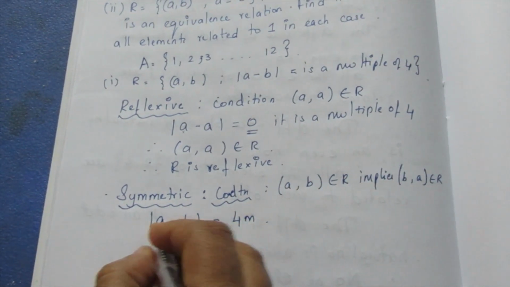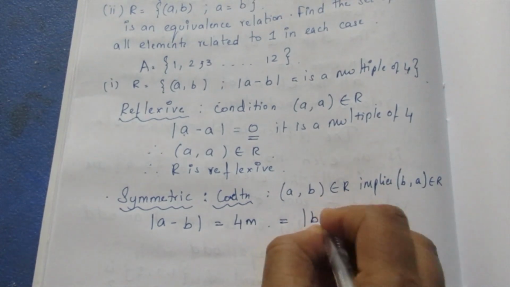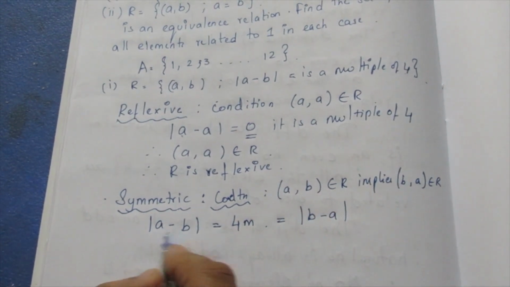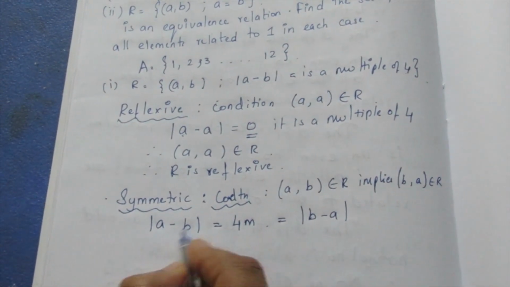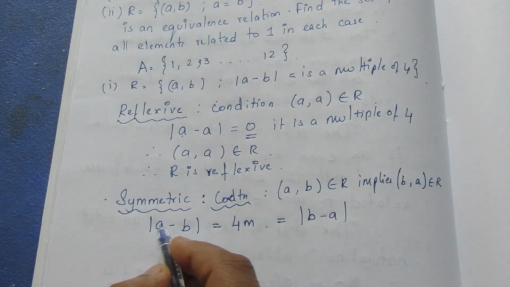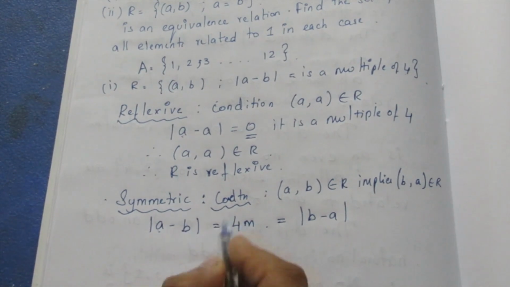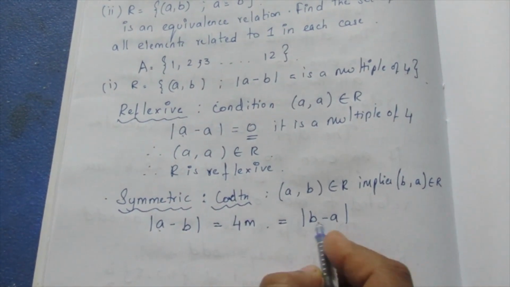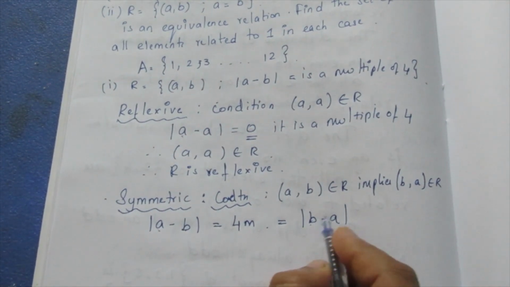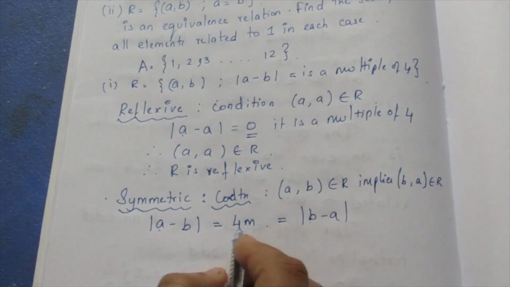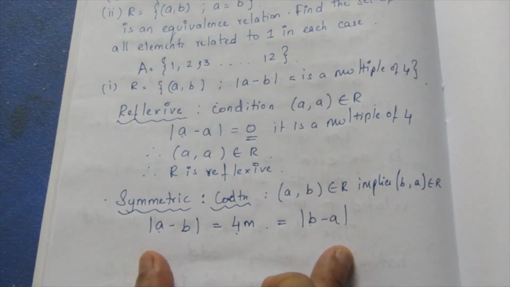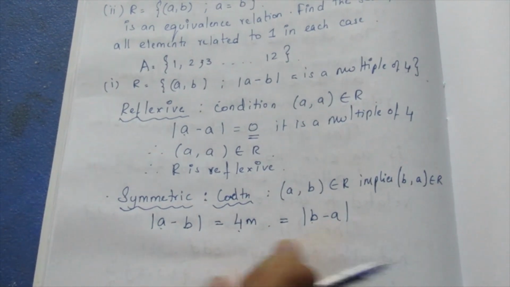Now we know that this is nothing but equal to modulus b minus a, because we are just changing the values here. If I take it to be 8 minus 4, 8 minus 4 is 4 into 1. So it is 4m. Here 4 minus 8, which is minus 4, taking modulus, again it will become 4. So I have just changed the value.